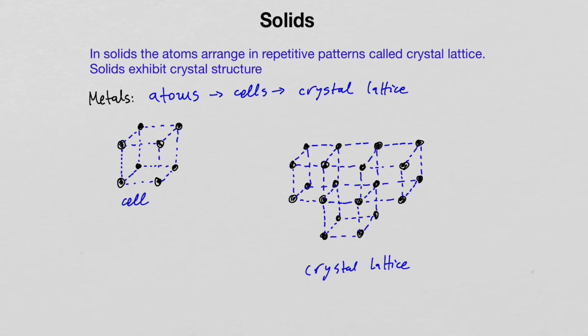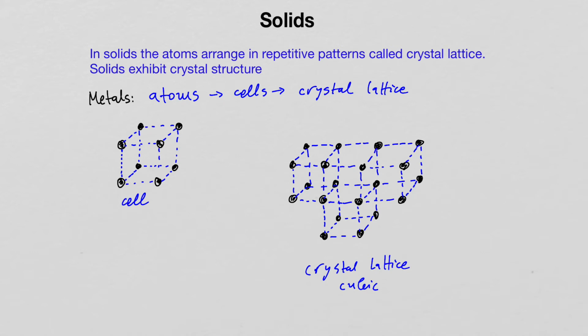So here is an example of a crystal lattice made from an arrangement of those cubic cells. And this crystal lattice is known as cubic. There are, as I said, many different types depending on the arrangement of atoms. This is one of the simplest ones.